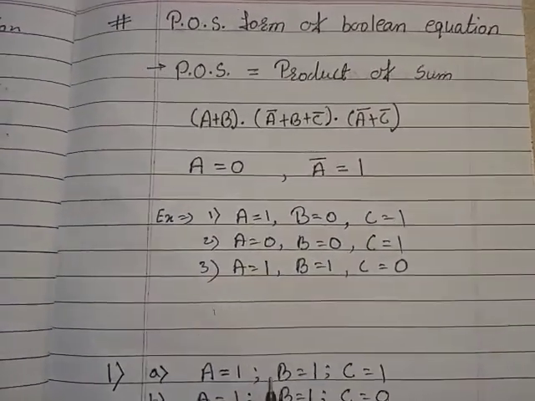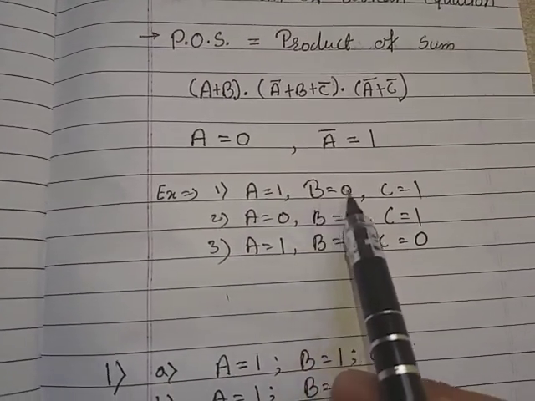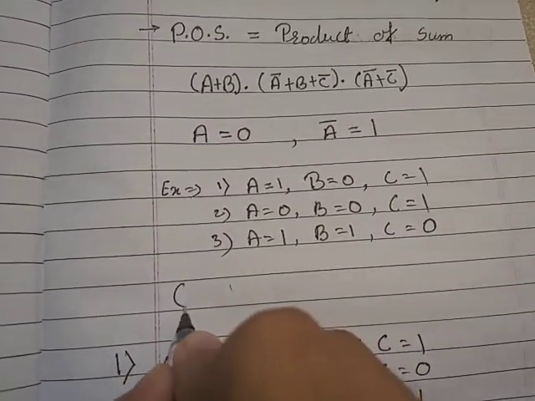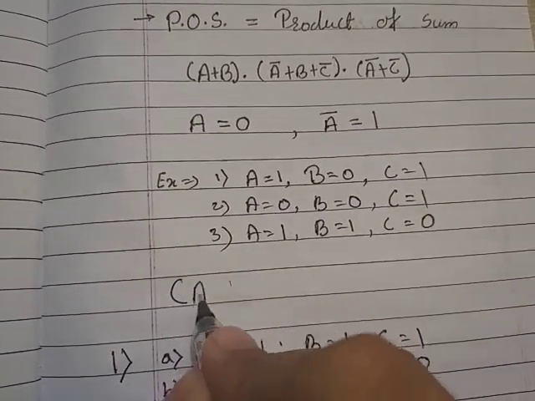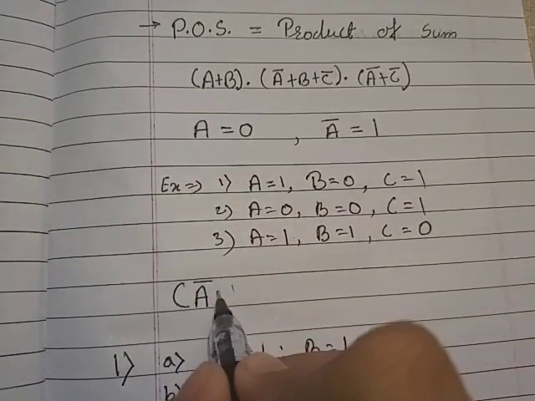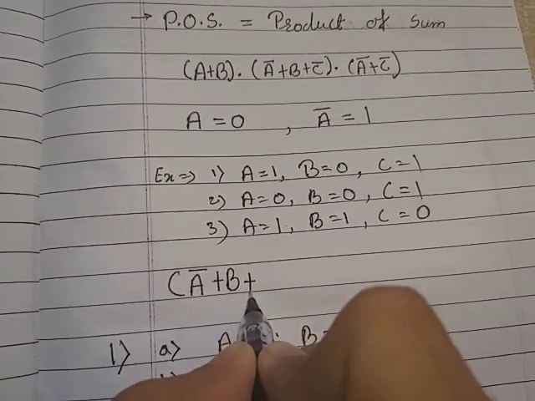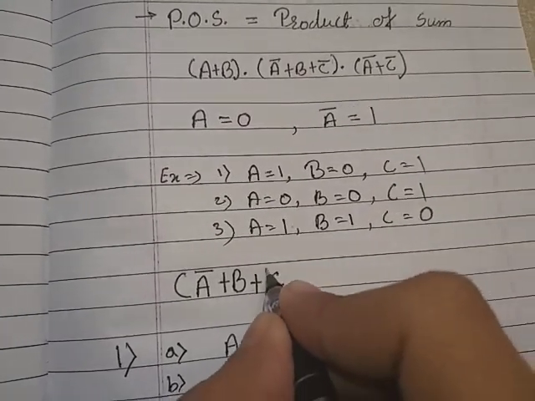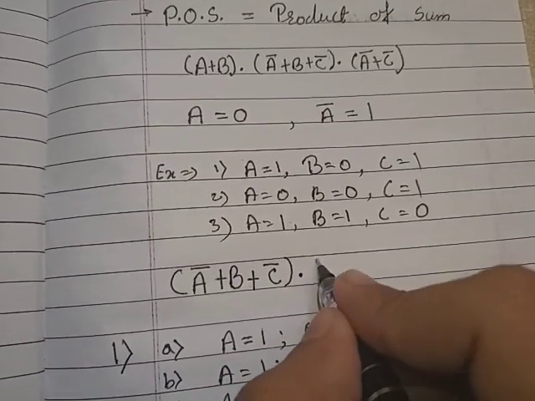So let's convert conditions into POS form. We are given a is equal to 1, b is equal to 0 and c is equal to 1. So first we write, 1 means a bar, 0 means b, and 1 means c bar, so a bar plus b plus c bar, dot.